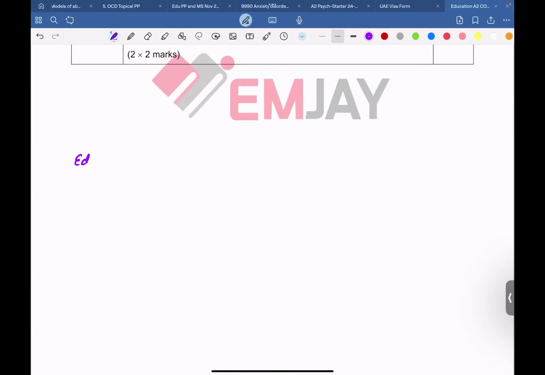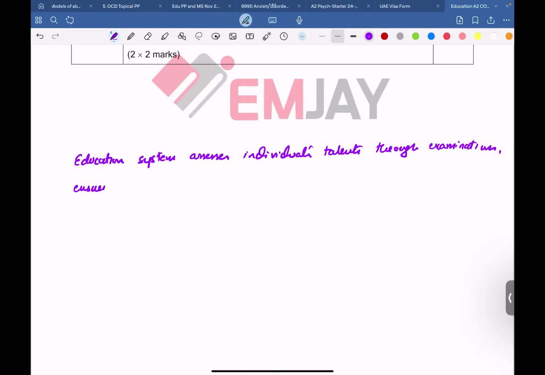We could write: the education system assesses individuals' talents through examination, ensuring that the most skilled are allocated to the most important jobs in the economy.